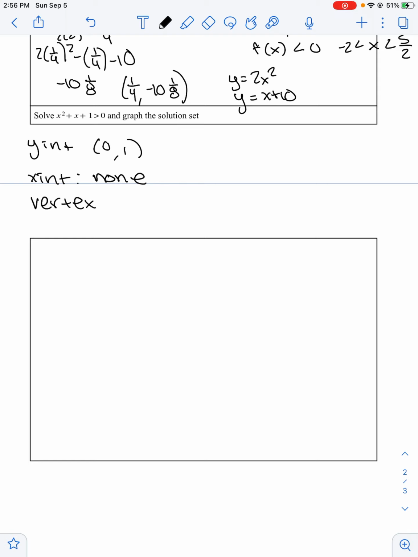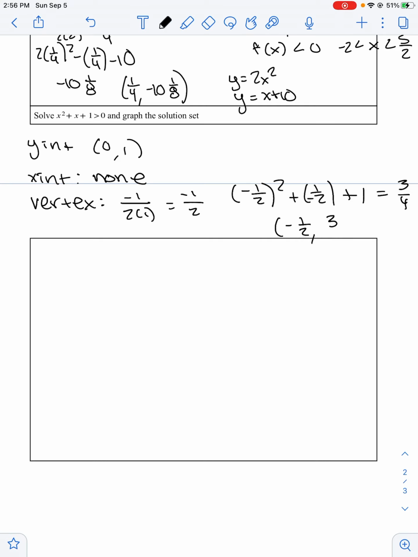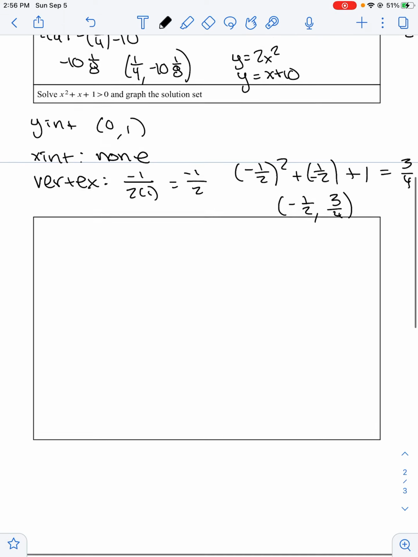And then the vertex would be -b over 2a. And then plug -1/2 into our original function, plus 1, which equals 3/4. So our vertex is -1/2, 3/4.